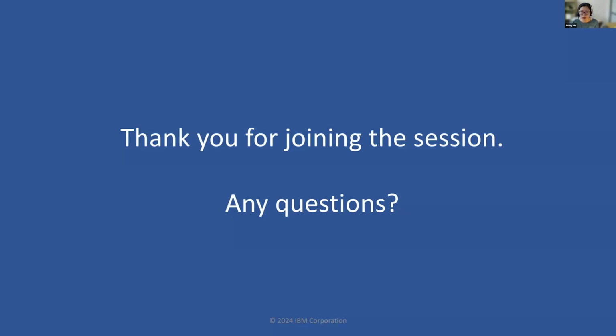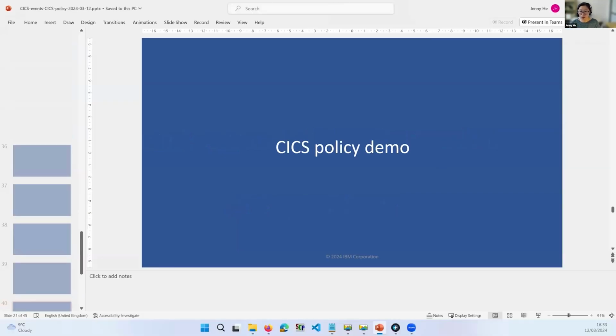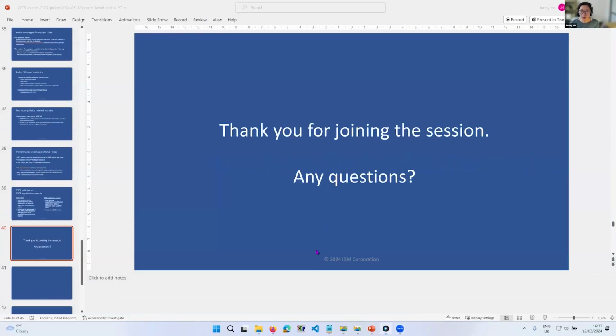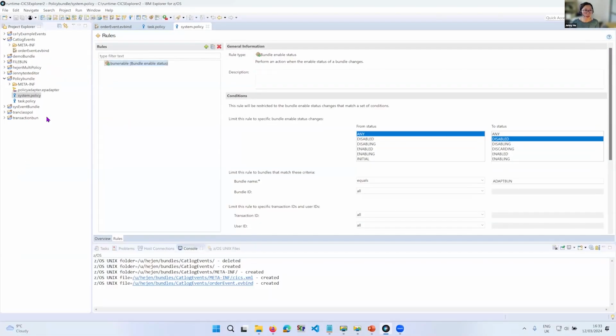So, I'm guessing we can add a bundle to GitHub. Yes, definitely, you can add that. It's a good way to easily see what configuration changes have been made. If I switch to the CICS Explorer, as you can see, they are all files basically on my file explorer.